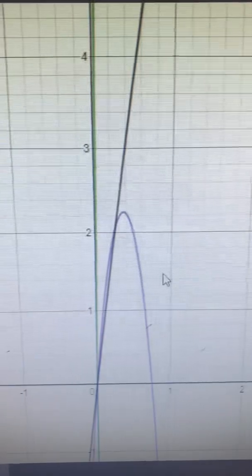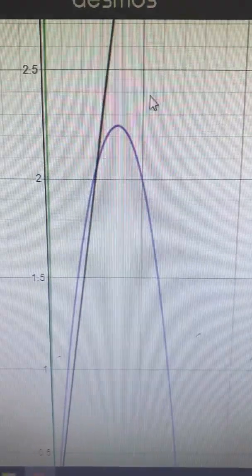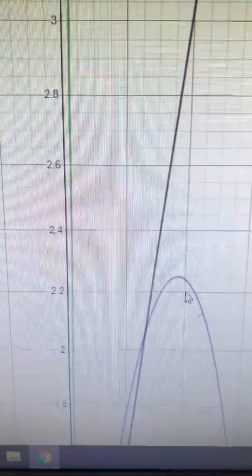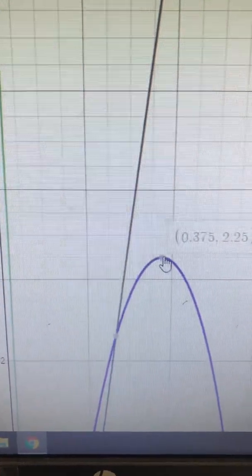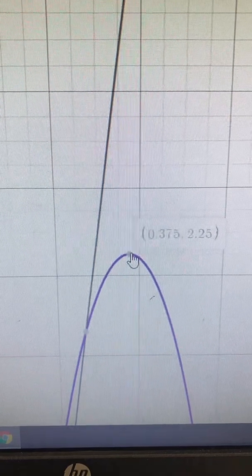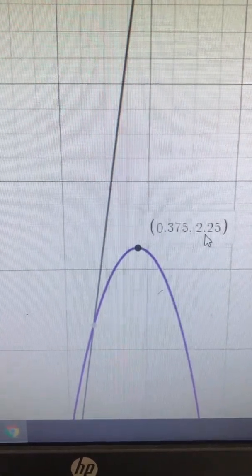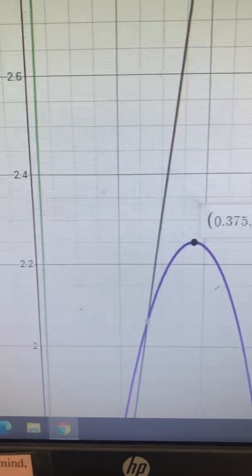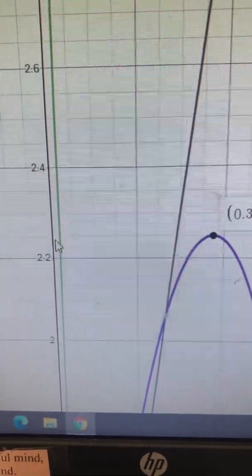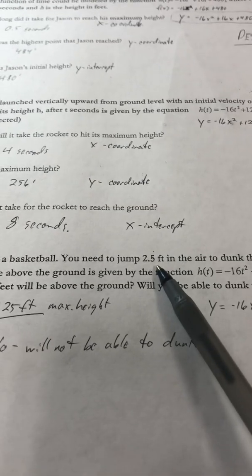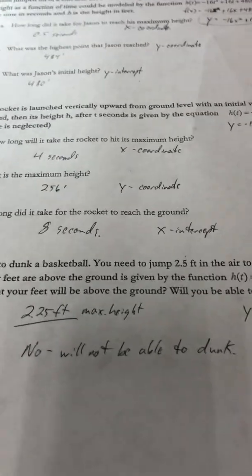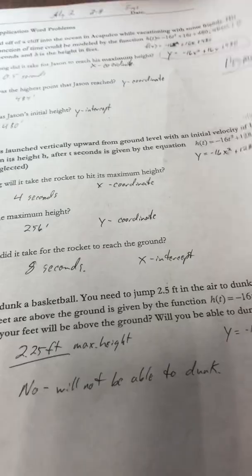After you plug all those numbers in, you will see that you end up reaching a height of 2.25. The very highest you're going to go is 2.25. You're almost at 2.5. So 2.25 is your maximum height. You have to jump 2.5 in order to dunk it. So no, you will not be able to dunk it. Sorry.